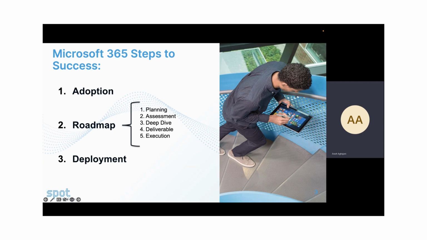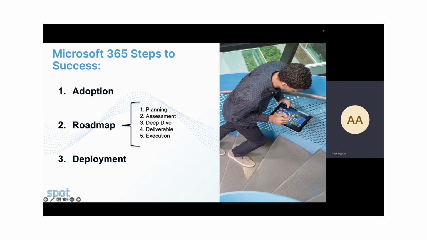The second one was the roadmap, how you can build a roadmap for implementing Microsoft 365. We talked about 5 principles: the planning, assessment, deep dive, deliverable, and execution. We talked about the details of each principle in the previous webinar.